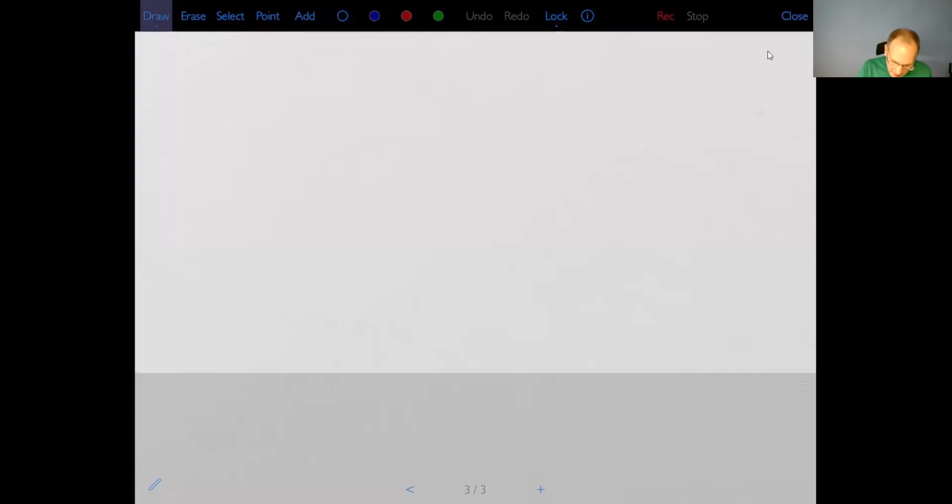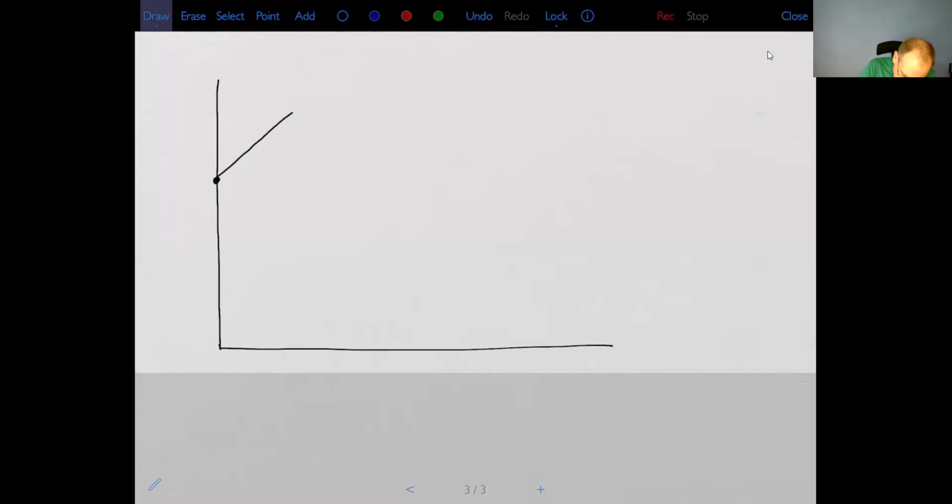Okay, so projectile motion. So let's say we have an object and it's launched at a particular angle at a particular velocity, right? And I'll say at a particular height as well. So let's say there's an angle theta and the velocity is v naught.